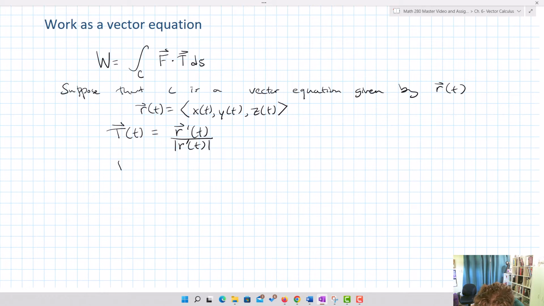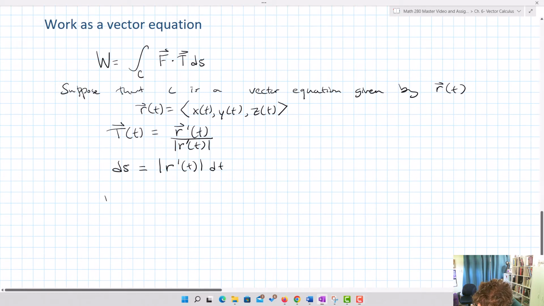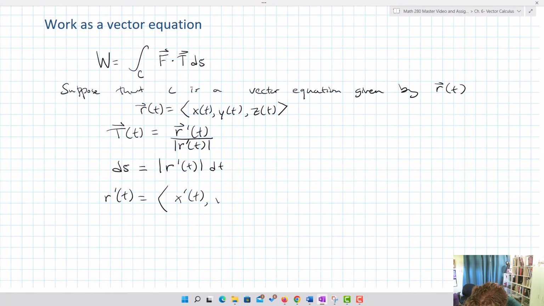And ds, because ds is the derivative of the arc length, is then going to be the magnitude of R prime of t dt. Just to remember, the reason why this is the case is that R prime of t is going to equal x prime of t, y prime of t, z prime of t.